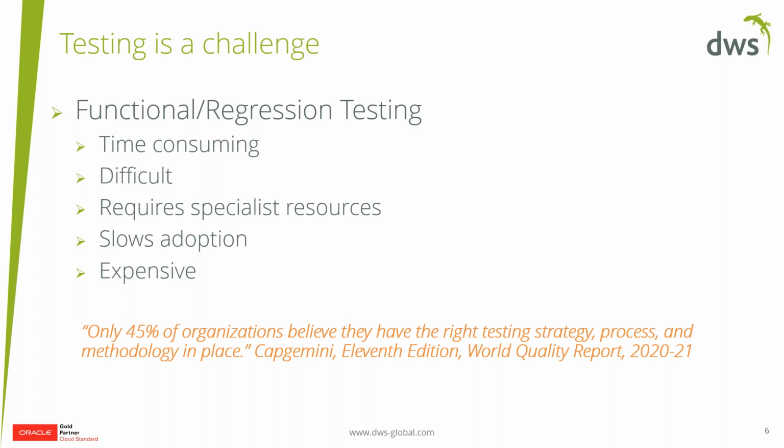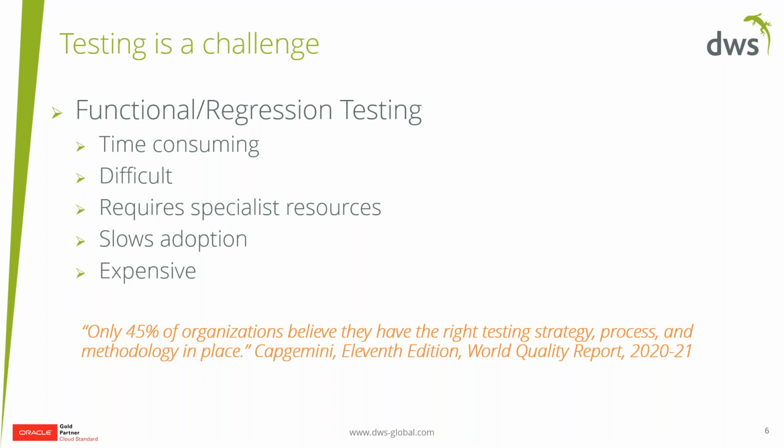It does slow the adoption of the technology among the users, and with everything combined, the resources, the time, it's a very expensive proposition, as some of the numbers that we saw on that last slide do say.